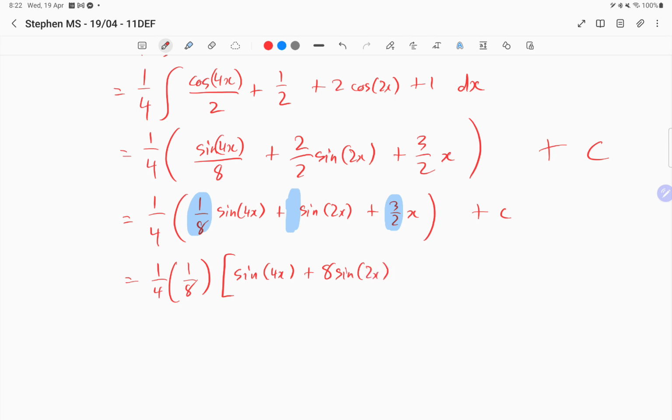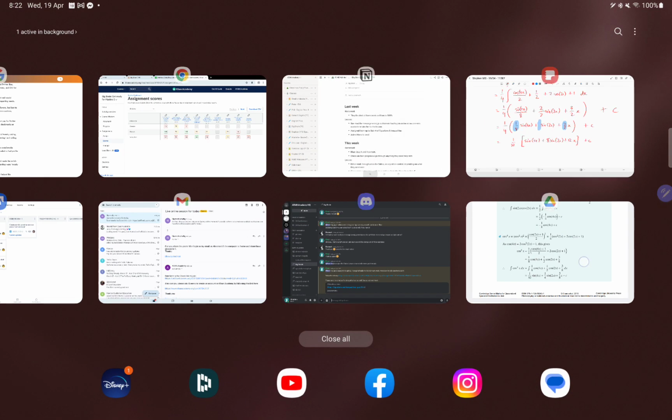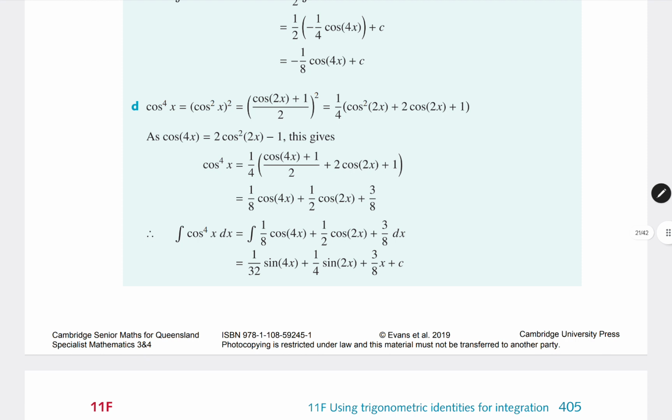And then if you take out 1 over 8 from 3 over 2, it's like you're timesing 8 in, to balance it out. So that will be 12? Yeah, plus 12x plus c. So that'll be 1 over 32 times that. If they actually didn't take out the 1 over 32, this is times back in.